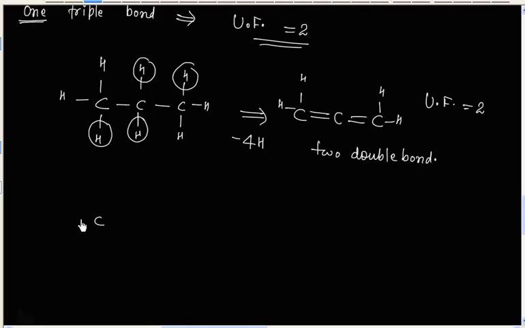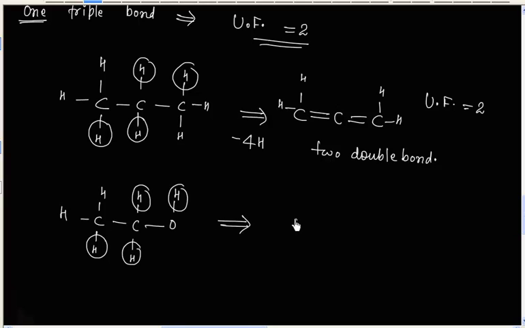For example, we can have another situation. We can remove this hydrogen, this hydrogen, this hydrogen and this hydrogen, and we can form this compound. So one double bond between carbon and carbon, another double bond between carbon and oxygen.